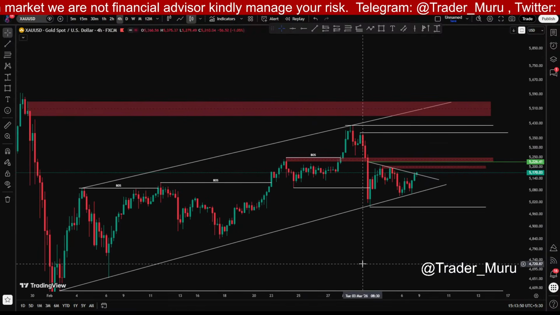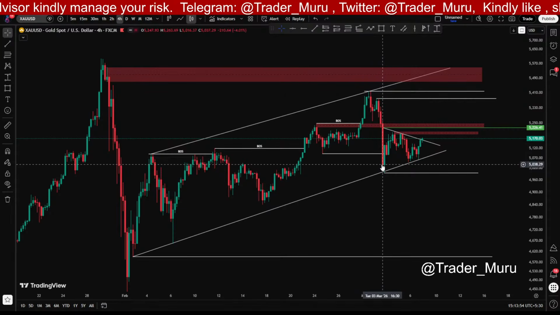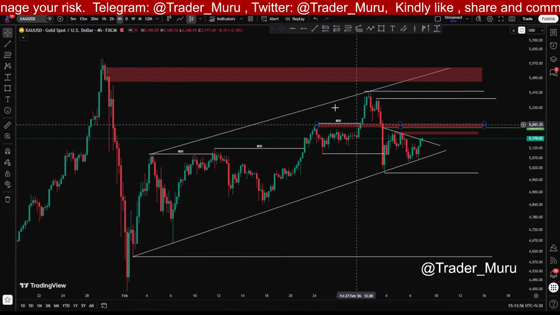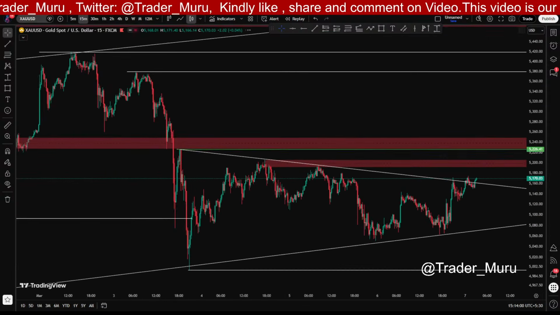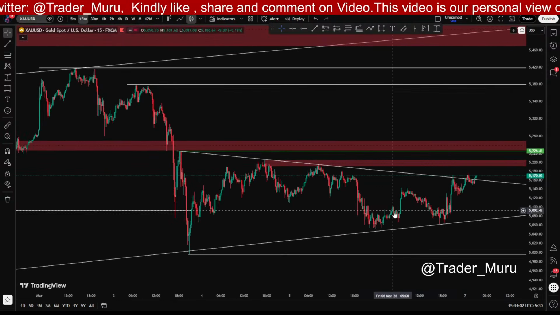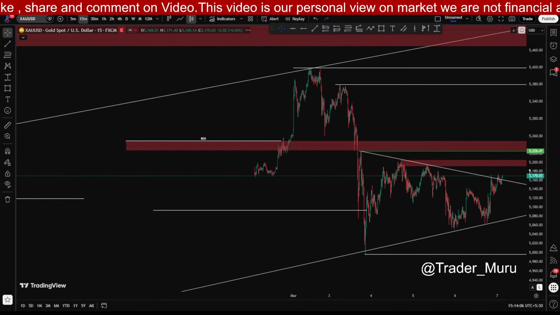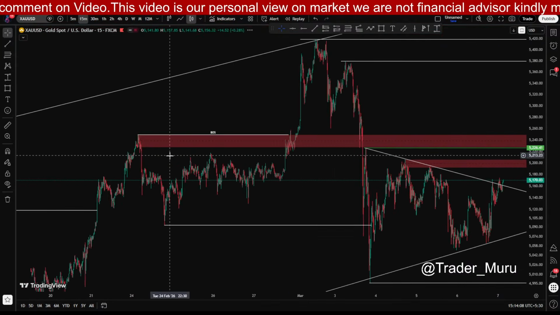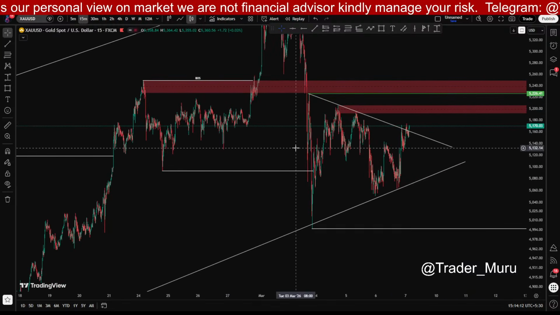So this is basically gold. Price is currently bearish in 4-hour time frame. 1-hour time frame is still bearish. Smaller time frames are giving us a bullish direction, making higher highs and higher lows. So possibly we will see some more push towards this 4-hour QML area and then again a drop.